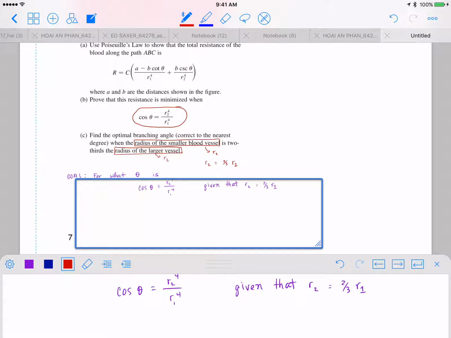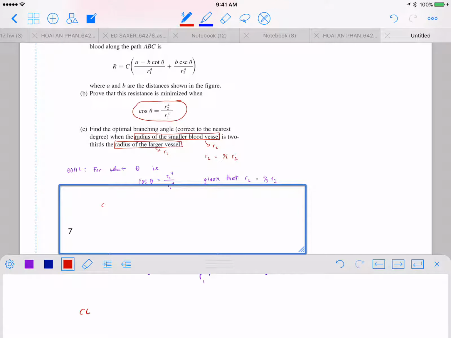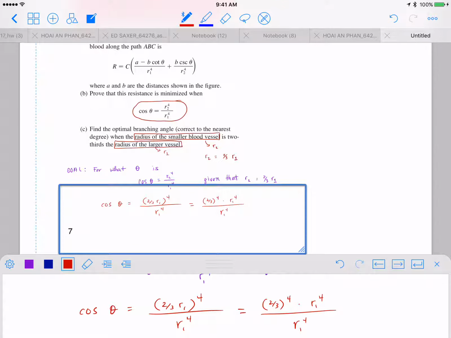Okay, so we just need to plug in that R2 is equal to 2/3 of R1. So we'll have cosine of theta equal to (2/3 R1) to the 4th power divided by R1 to the 4th power. And we can expand the numerator. So we'll get (2/3) to the 4th power times R1 to the 4th power divided by R1 to the 4th power. The R1 to the 4th power in the numerator and denominator cancel each other out. And we're left with just (2/3) to the 4th power, which is going to be 16 over 81.